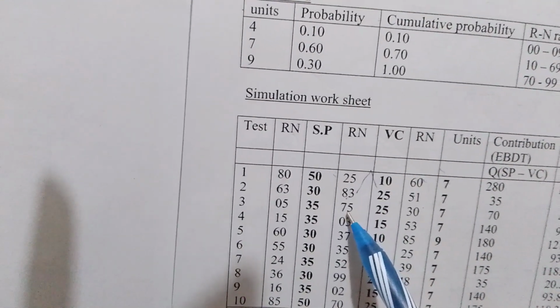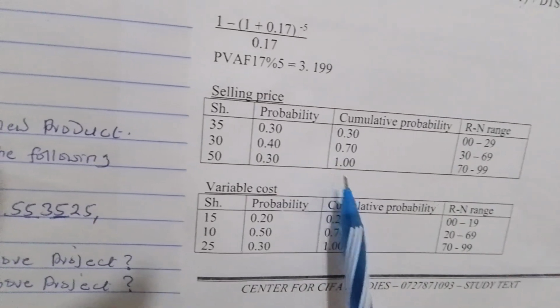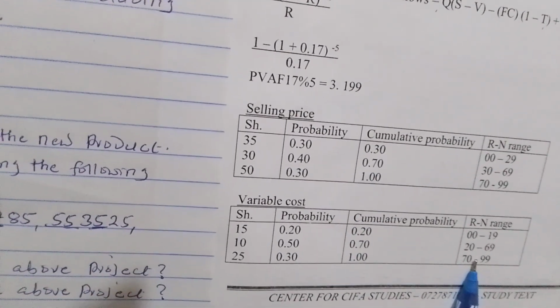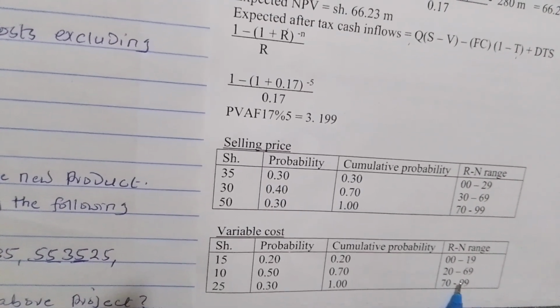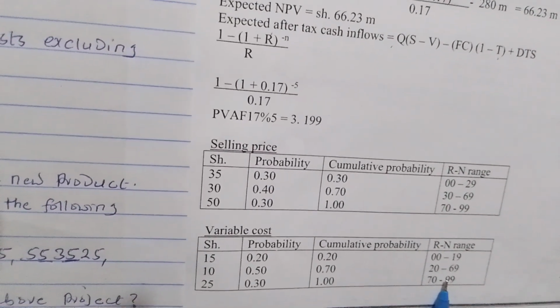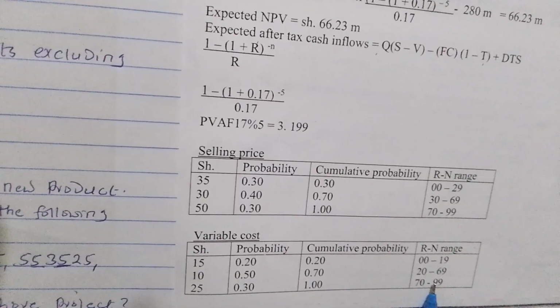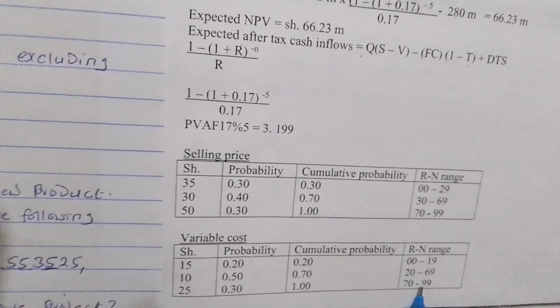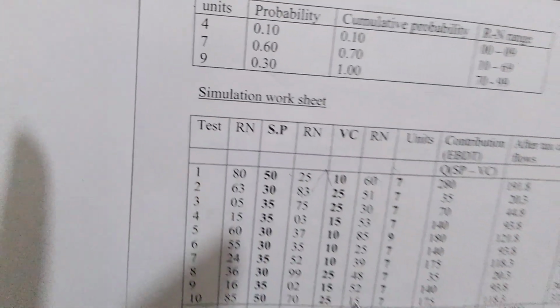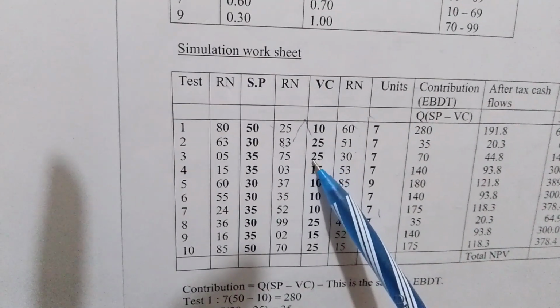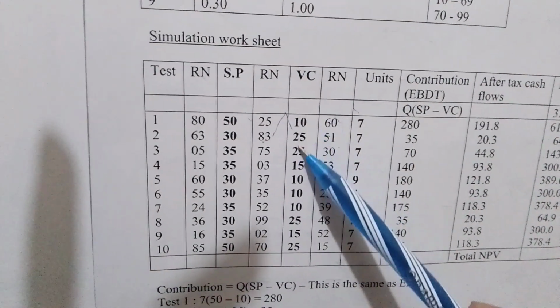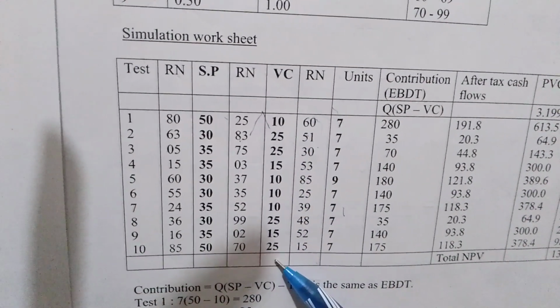Random number 75: 75 is between 70 and 99. So you take 25 as the variable cost. The rest you do the same, and you have the variable cost.